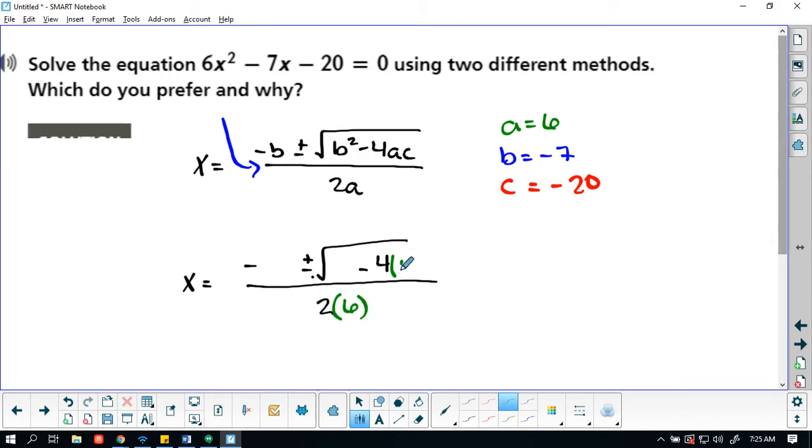We also have a 6 up here for the A. B is -7, so we have a -7 here. We also have a -7 here that's squared. And then C is -20.